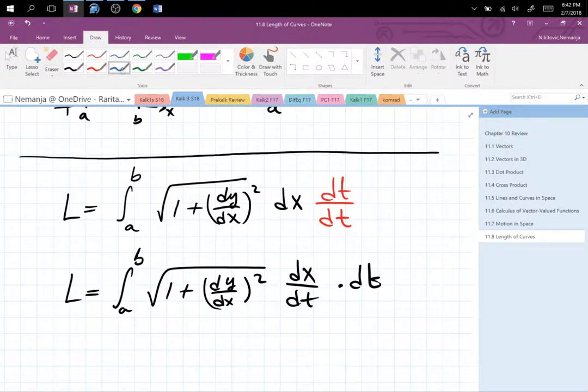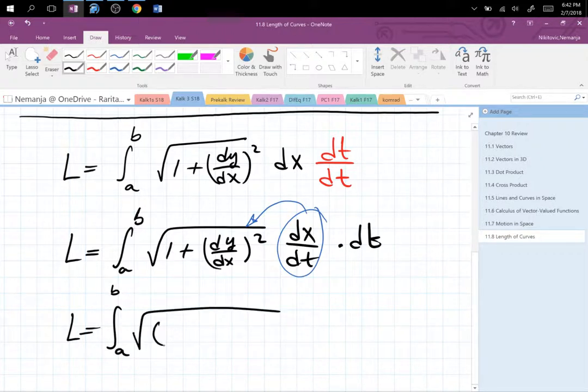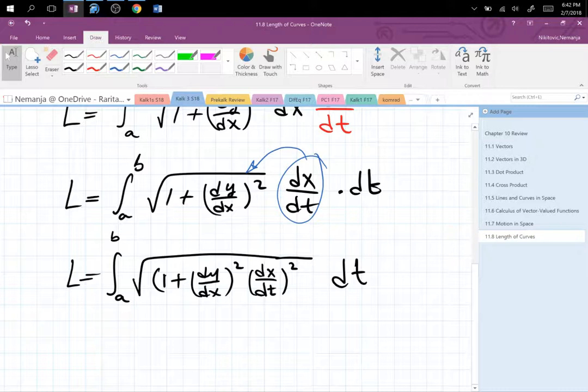And then I'm going to take this dx dt and stuff it inside the square root. Now when you do that, it picks up a square because it's going into the square root. So the next step is to have 1 plus dy dx squared times dx dt squared, and you just have dt outside.